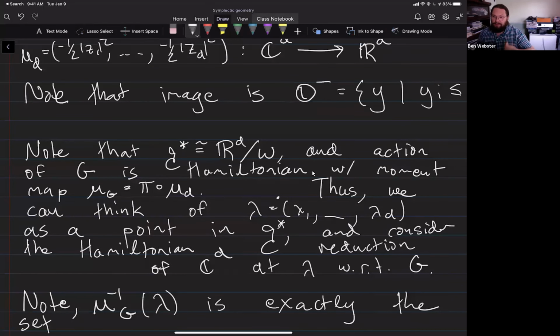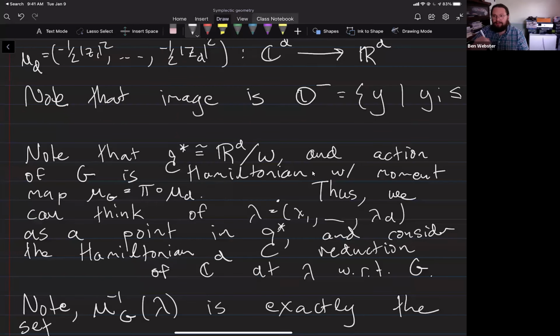The Lie algebra of G is by definition the perp to W. So its dual space is RD mod W. And the action of G is Hamiltonian with the moment map given by just taking this mu D I had before and taking the projection down to RD mod W.